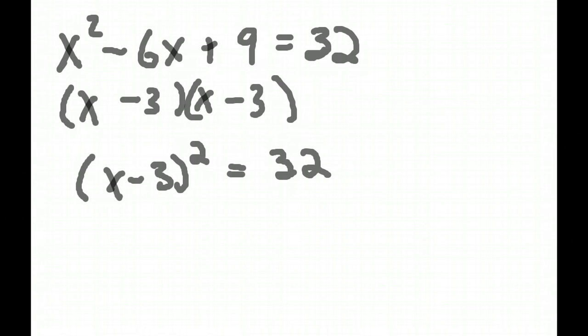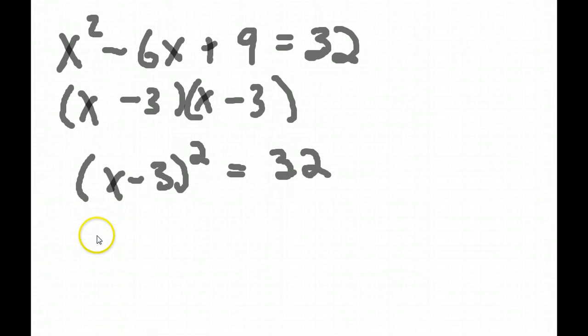The original equation was x squared minus 6x plus 9 equals 32. And then we were able to factor that left side and get x minus 3 squared equals 32. So we can take the square root of each side, and then we get rid of that square, which we need to do to be able to find the roots.